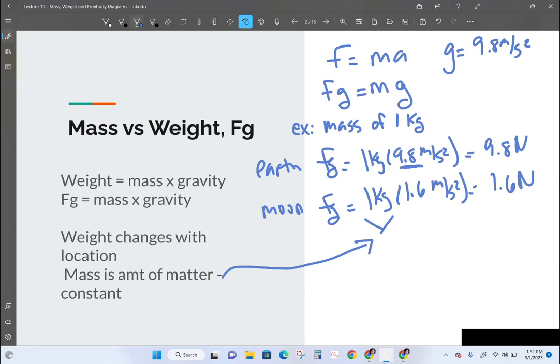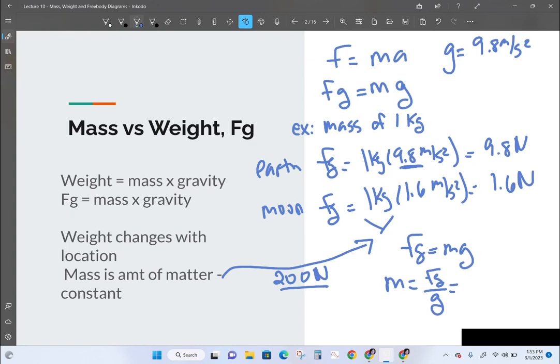Now, let's say that I tell you that I have a 200 Newton box. You should be able to distinguish that 200 newtons is a weight. And if I ask you to find the mass of it, I'm going to use the weight equation, Fg equals mg, and I'm going to solve for mass. And it's going to be Fg divided by gravity. Since we're on Earth, we're going to use 9.8.